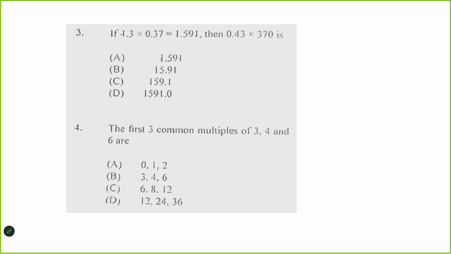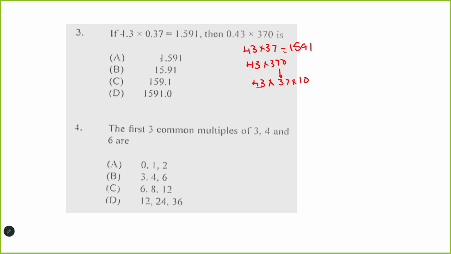No, this is a little bit different. Let's pay attention to this. We know that 43 multiplied by 37 would give you this number without the decimal point, 1591. But now they're asking you for 43 times 3.7. If we remove the decimal point, 37 is the same thing as 37 times 10.